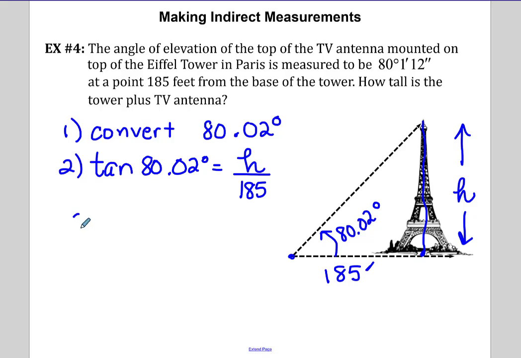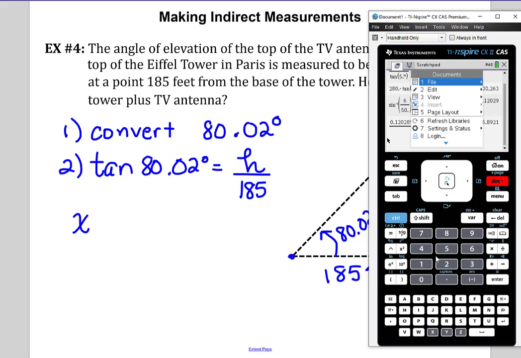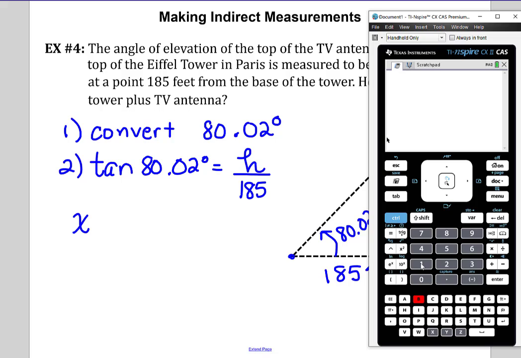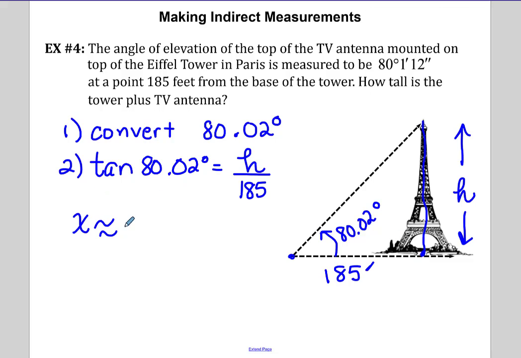So with our calculator, 185 times the tangent of 80.02 decimal degrees is about 1,051.33 feet. So 1,051.33 feet is the height of the tower plus the TV antenna.